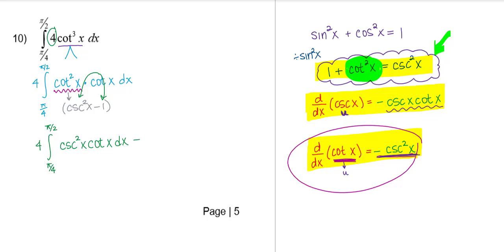I'm going to separate these into two integrals so we can see it. Pi over 4, pi over 2 are my bounds. And the second term would be minus cotangent x dx. So I rewrite that initial cotangent squared x with cosecant squared x minus 1, and then I distribute that cotangent in. Don't forget your 4 out in front of both antiderivatives.